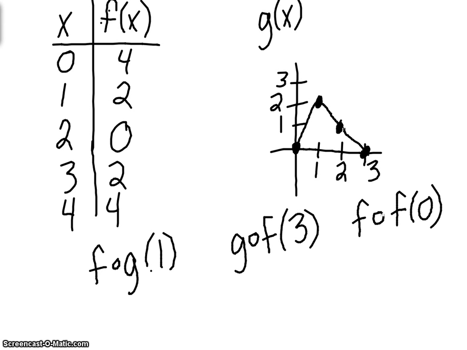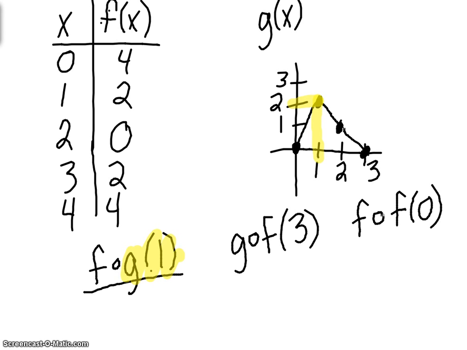Okay, so this time we have just 3 things that I want to look at last. The first one is f composed of g of 1. Just like on the previous slide, the first thing I'm going to do is find g of 1. This time, instead of a function, I have a graph. The y values are already provided for me, so I don't have to do too much work here. If x is 1, my y value here is 2.